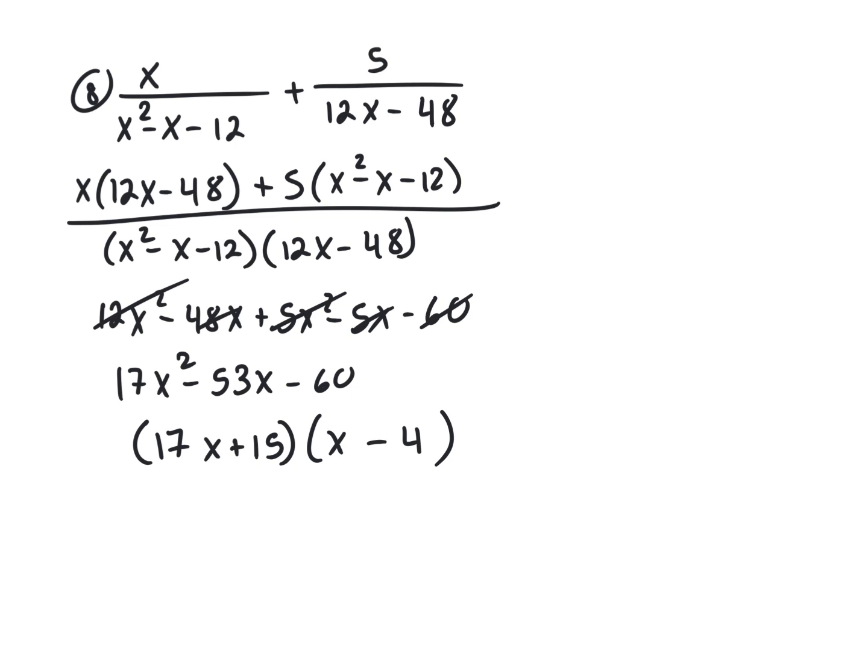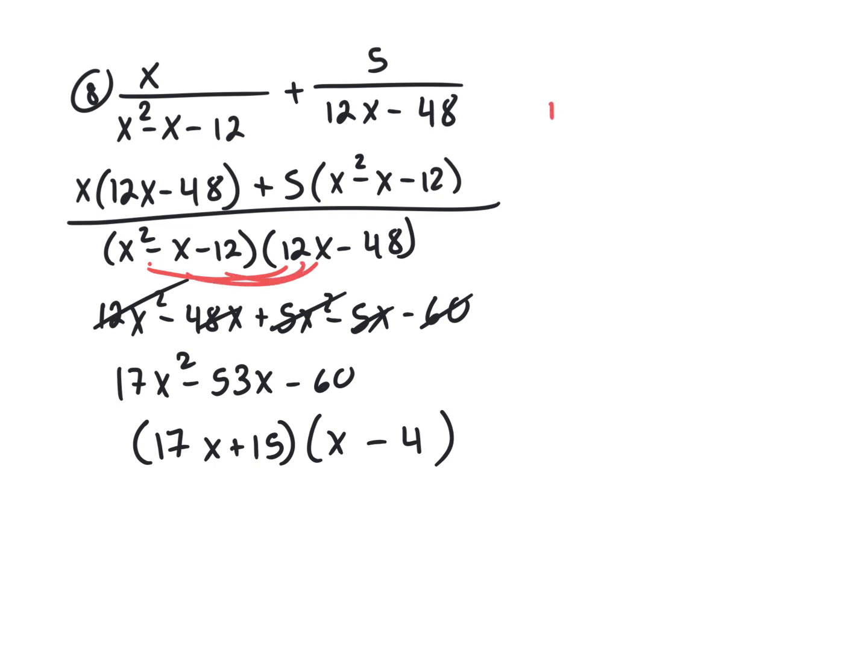Now let's work on the denominator. I'm going to do the denominator in red right here on the side. I'm going to go ahead and distribute first and see what I get. I'm actually going to distribute backwards because it's less numbers.